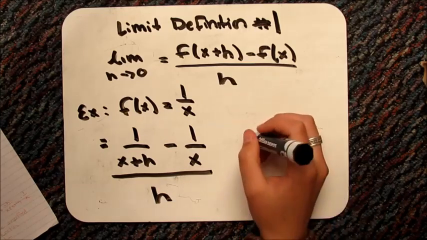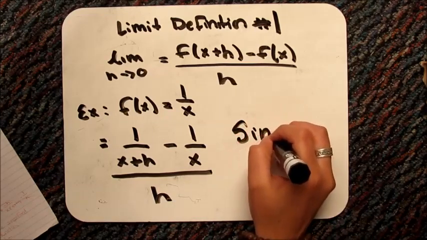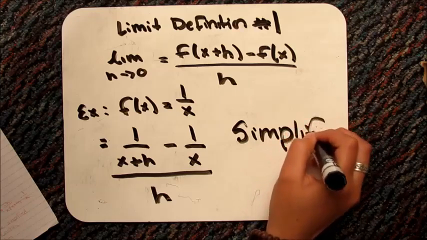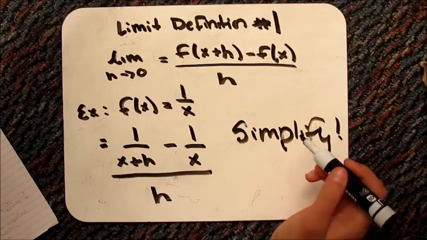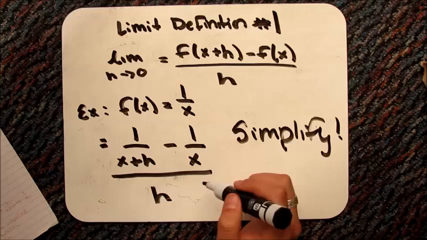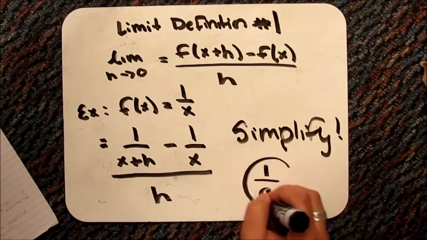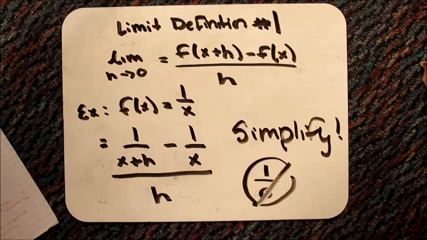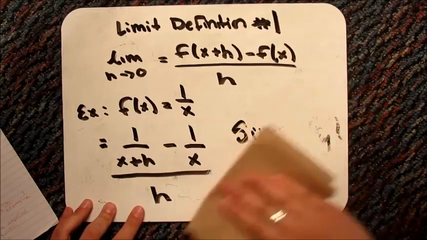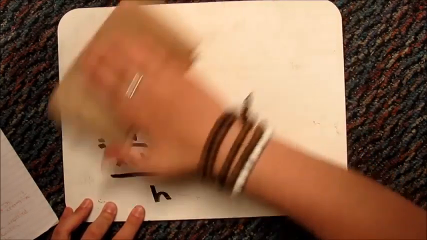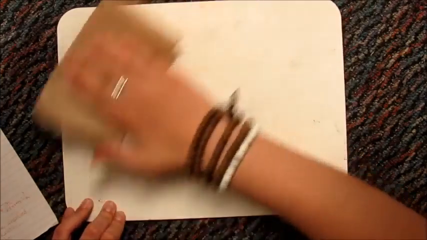And so now we can't just plug in our limit of 0 into our equation, so we have to simplify. And the reason we can't do that is because 0 can't go into the denominator. Like if we have 1 over 0, that doesn't work. 0 can't be the denominator. So let me erase this and rewrite our equation, and then we can start simplifying.